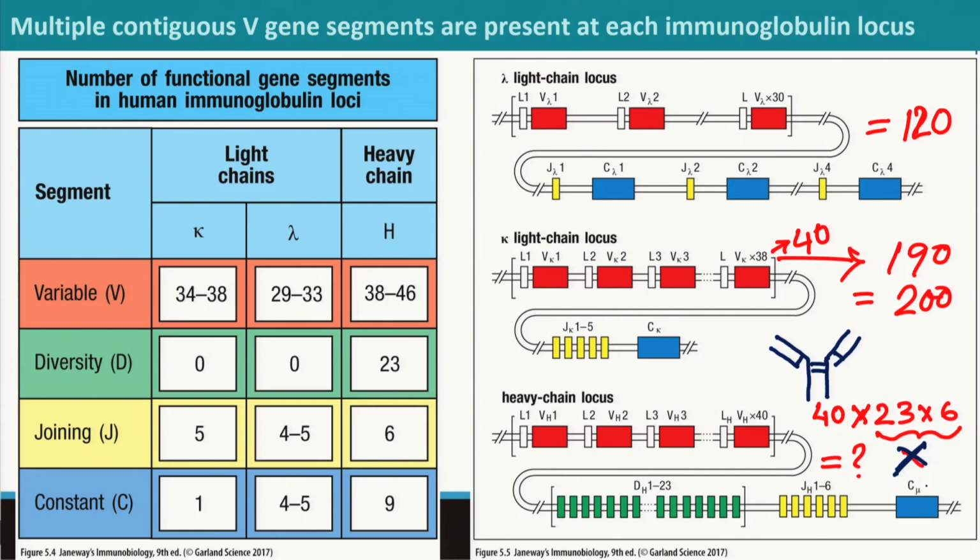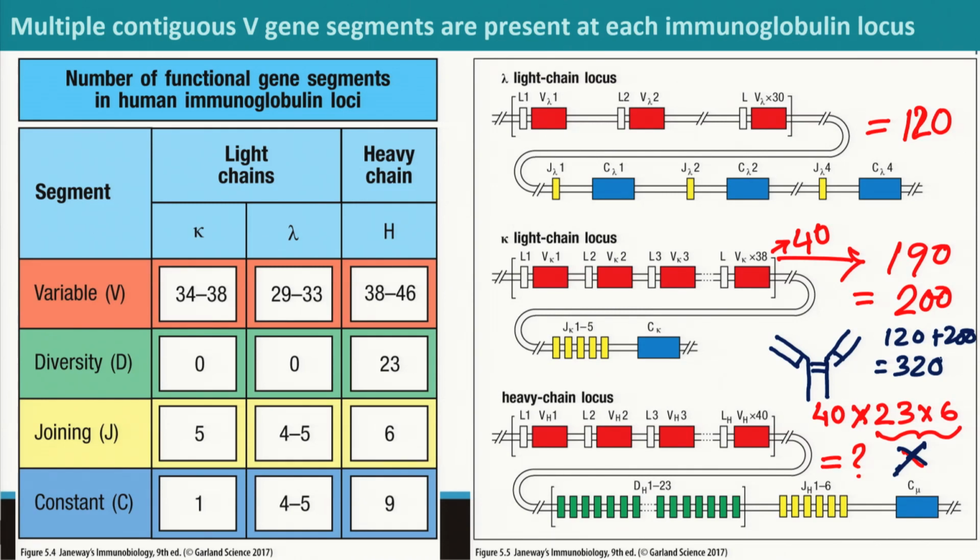So what will be the possible number? Any one of 120 and any one of 200, so the total is 120 plus 200, equal to 320. So 320 is the possible number of light chains, and we have x possible heavy chains.